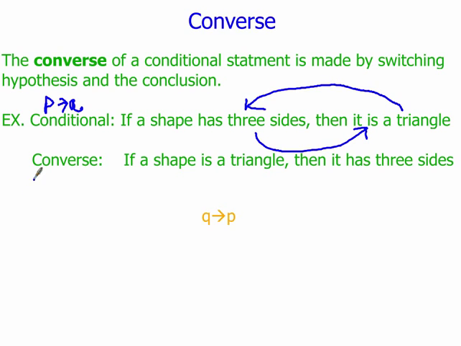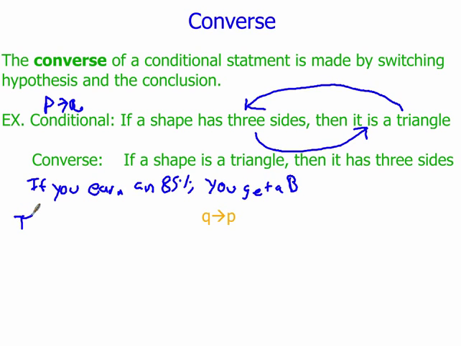For example, if I give you the statement, if you earn an 85%, you get a B. If I want to make the converse of this, I take the conclusion, you get a B, and I say, if you get a B, and then I take my hypothesis and make it my new conclusion, then you earn an 85%.